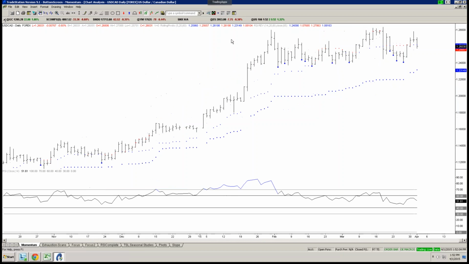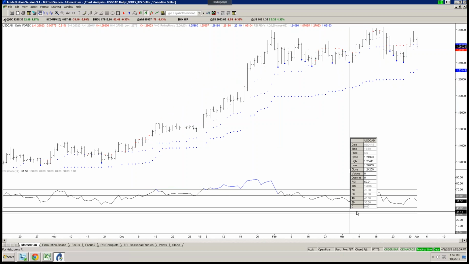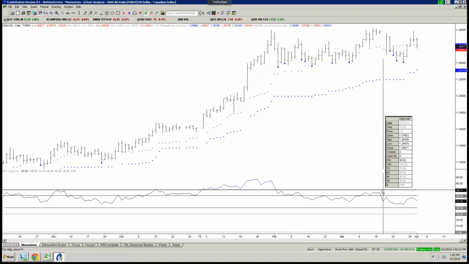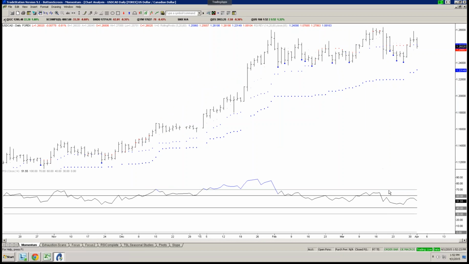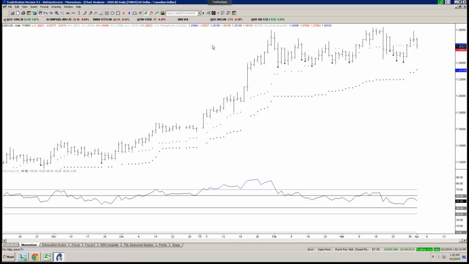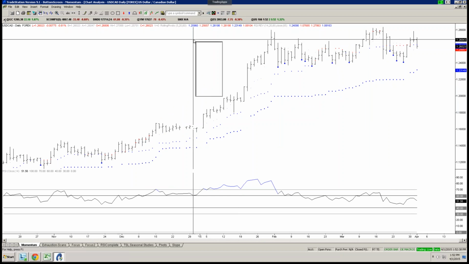I know that it's been going sideways for a while, and that the last peak up here at the top was actually very divergent. In other words, RSI was well below 70. In fact, it was below 65 at the peaks up here. That's what these little red dots are. So I know that there is a possibility, based on RSI alone, of us making some sort of a very important top, so to speak.